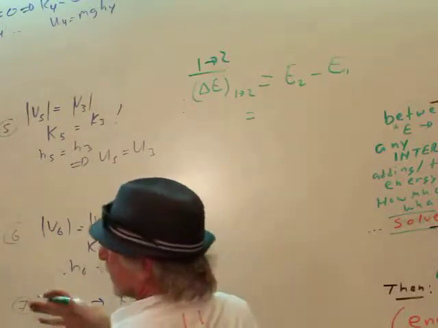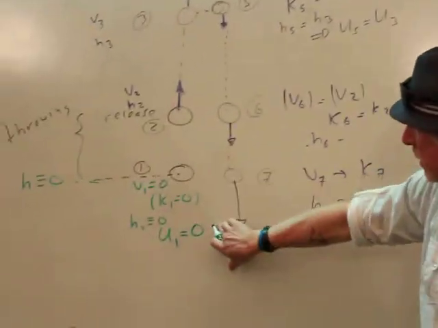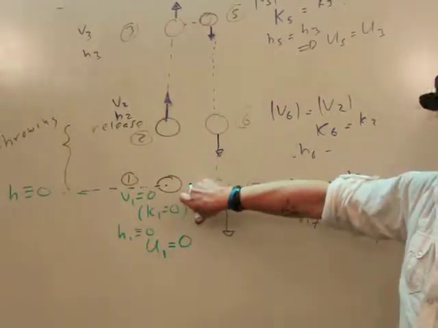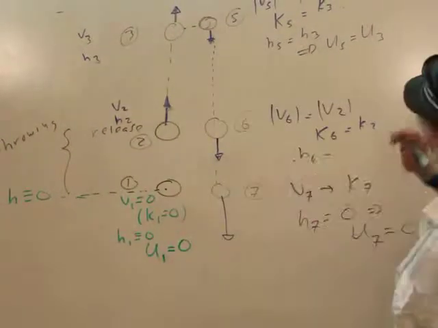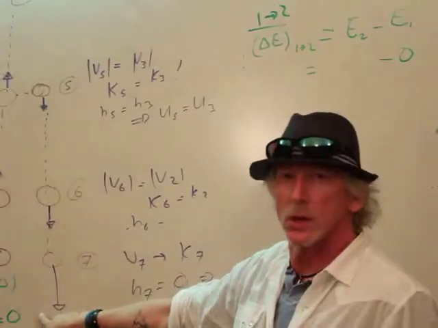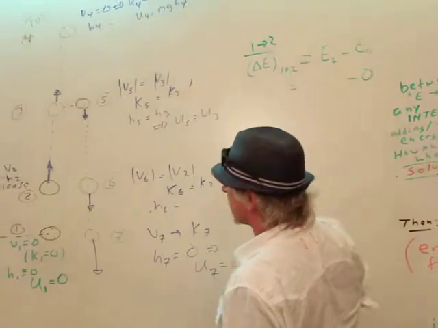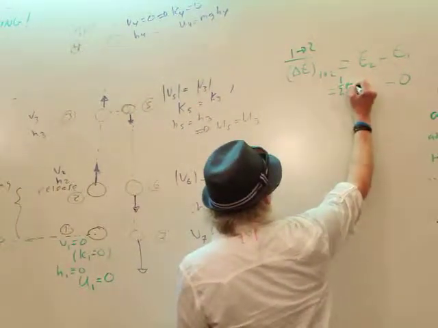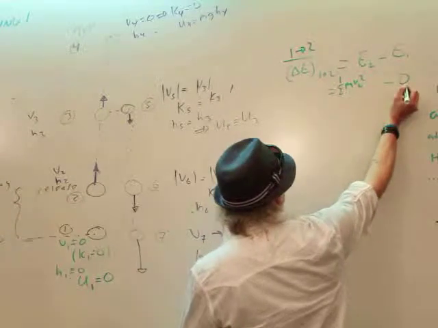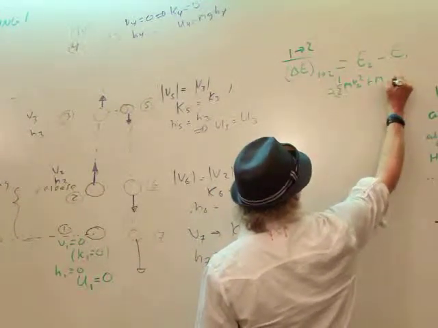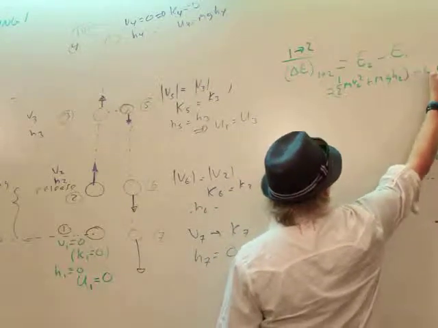At 1 I've got 0, because I set that to be 0 at height. That's totally fine. So I got no speed and no height by choice. And then energy at 2. Well, I've got 1/2 mv2 squared, plus mgh2, minus 0.